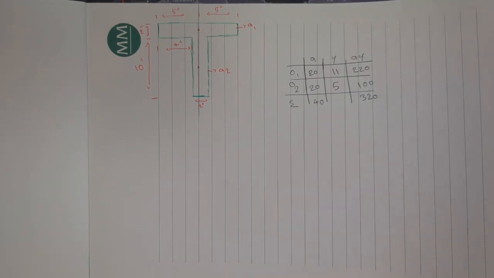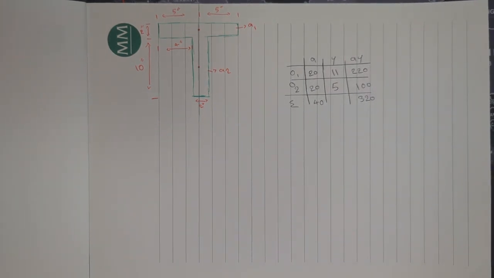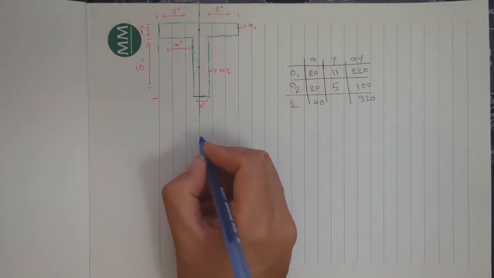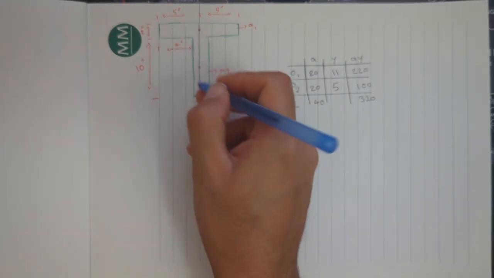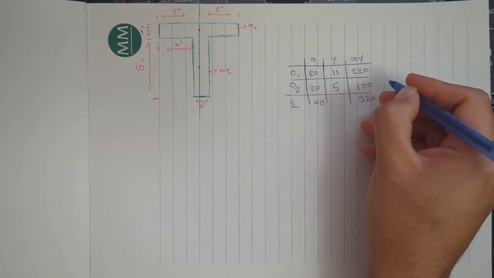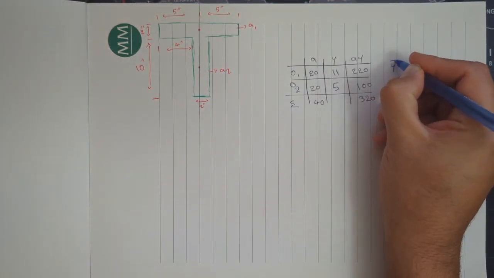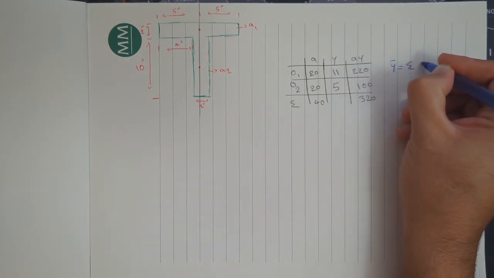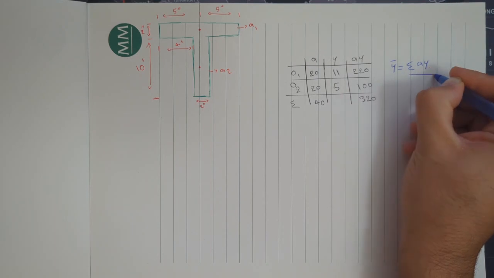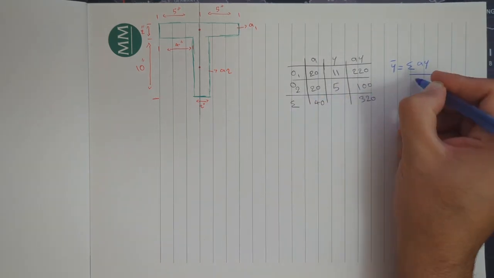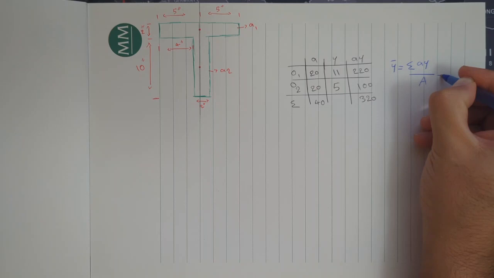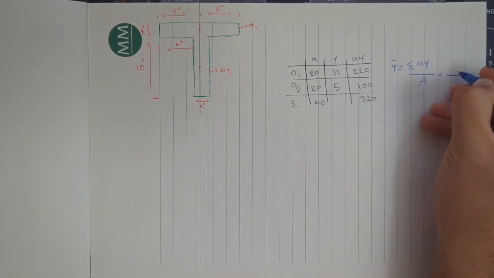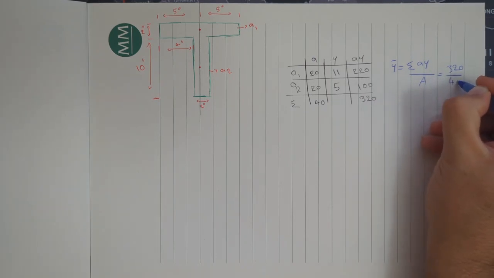So where did I put my blue pen? If I want to calculate the centroid of the whole object, I can write down y bar equals sum of Ai on the sum of A, the whole A. So 320 on 40 is 8 inch.